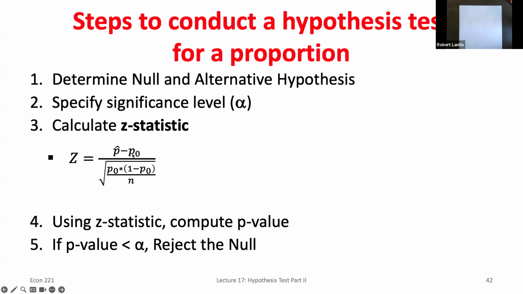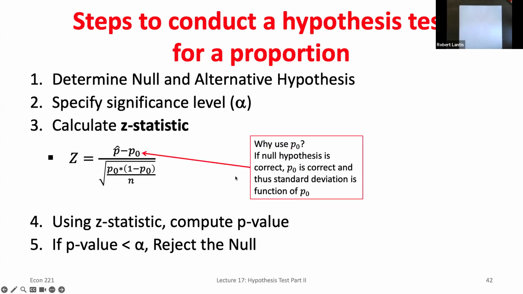Well, here, remember, I'm assuming the population proportion is a certain value, so that's the value that I'm going to use to determine the standard deviation of my sample proportions, right? So why am I using this? Because if in fact what I assume to be true is true, the standard deviation of my sample proportions will have this standard deviation.